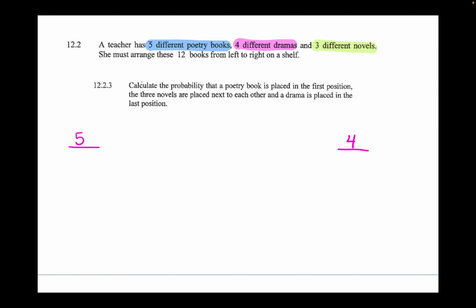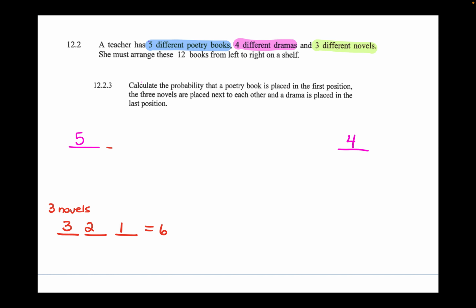If we're just thinking about novels for a moment, the number of ways those could be arranged is 3 times 2 times 1. So that would be a total of 6 possibilities for how those 3 could be arranged in the same 3 slots.